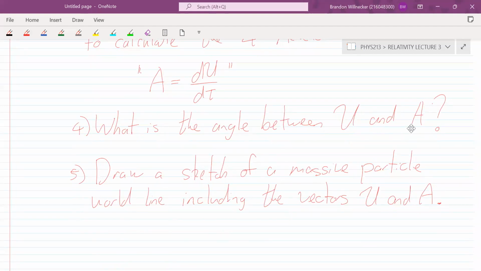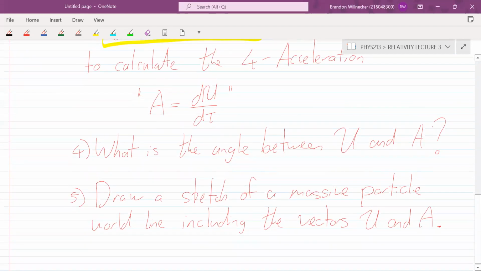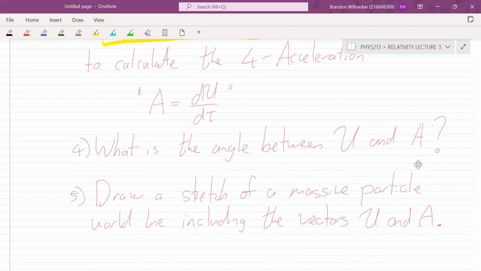So just draw it with x along the horizontal, t along the vertical. Okay, so a 2-dimensional space-time. Okay, and please include the vectors U and A in that picture. Okay, so that is the definition of the 4-velocity, and then this 4-acceleration that's left as homework.